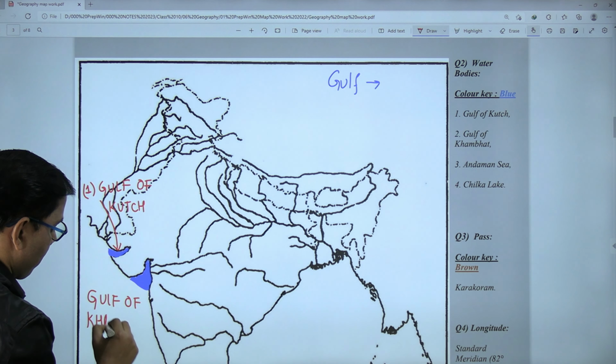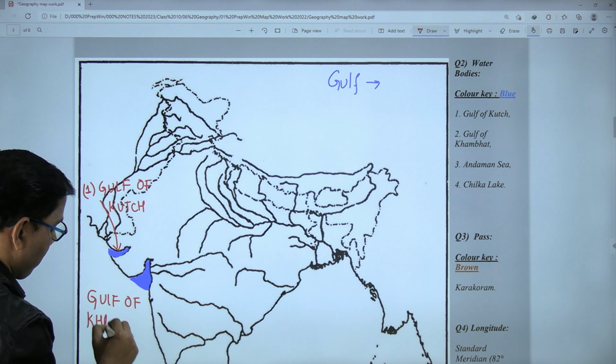Take a bigger, longer scale, and draw this dotted line or a dashed line. Use a scale so that your line goes straight. So this straight line from these two parts, okay, you will start it from the box till this box. So this line is your standard meridian. This is your standard meridian.